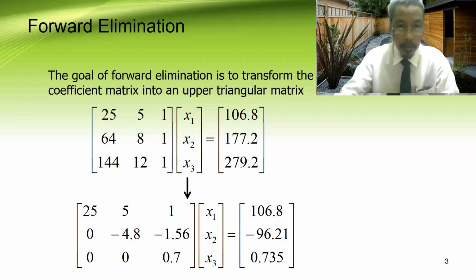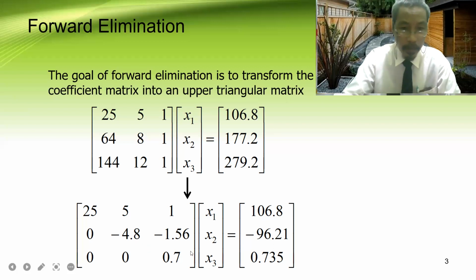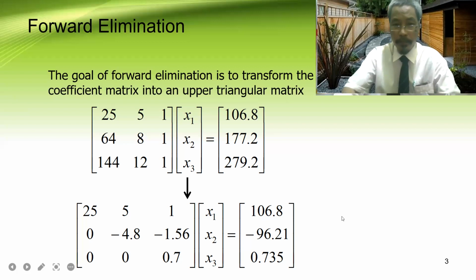Okay? That's why the first equation did not change here. 25 by 1, 25 by 1, and 106.8. However, because we manipulated mathematically the second and third equation, also the constant part of those would change, not only the matrix coefficient part. Okay, so again, that is the goal.